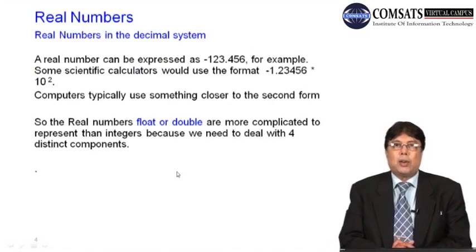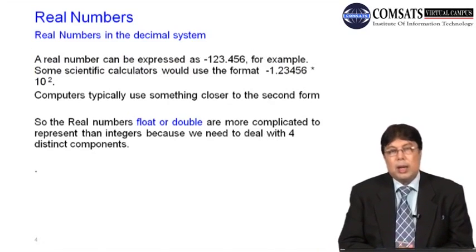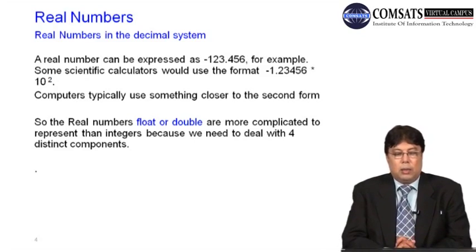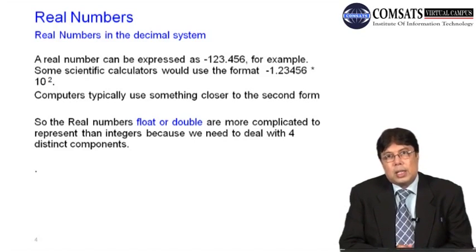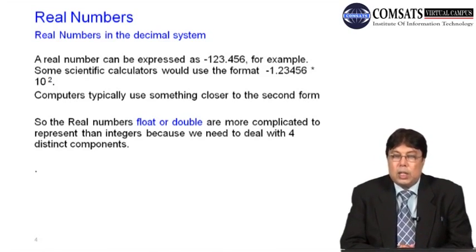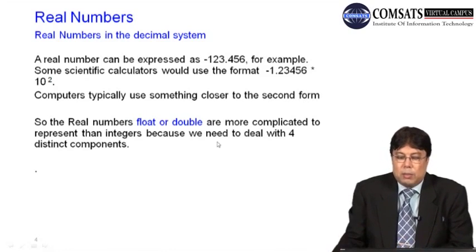Okay, next numbers are the real numbers. A real number, a number that contains a decimal point, basically is a real number. A real number can be expressed, for example, as minus 123.456, and we can have 2 types of notations, scientific notation and engineering notation. So we can write it as minus 1.23456, which means we have moved the decimal point 2 places to the left.